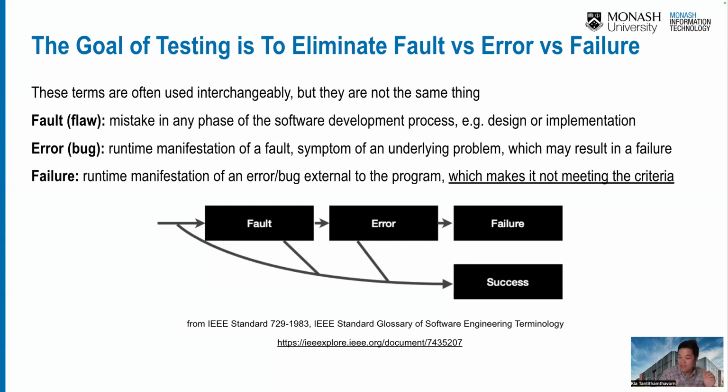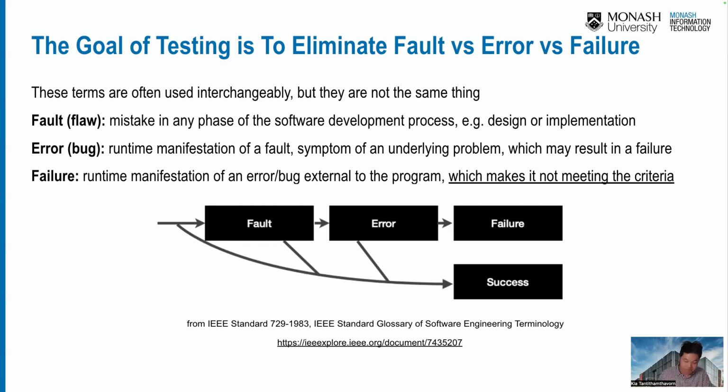That's a runtime manifestation: you execute the code, 1 plus 1, but instead of returning 2, it returns 0. That's a bug in the calculator app, which causes a failure. At the end, a failure means I'm going to use the calculator app but something is wrong, and I cannot sell the products correctly. That's a failure. It is external to the program.